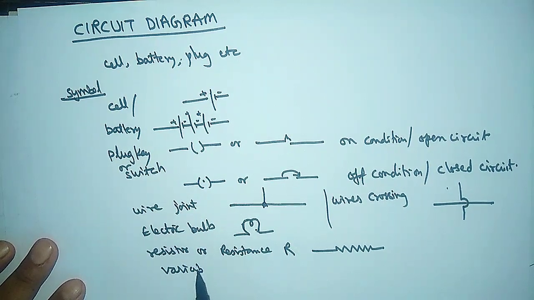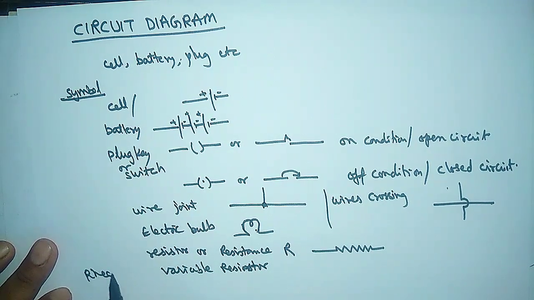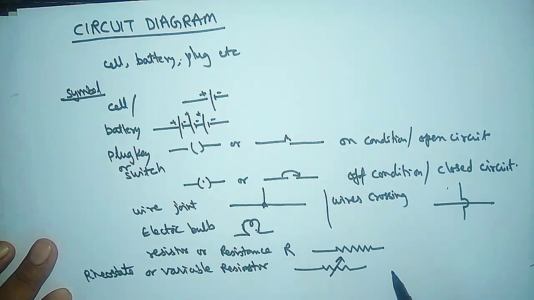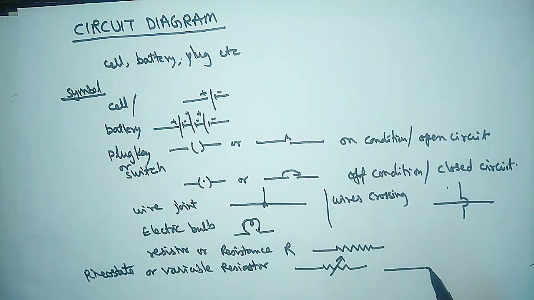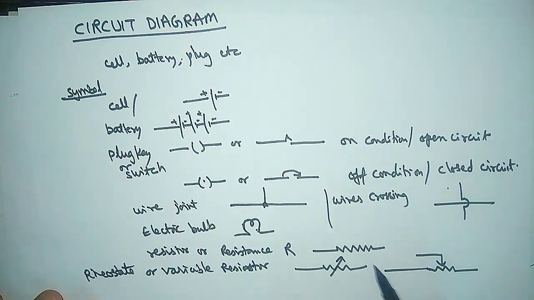Variable resistor, you can also say rheostat. Okay, rheostat. So its symbol is, because it is variable, make this arrow, or like this, you are varying. Okay, this or this.